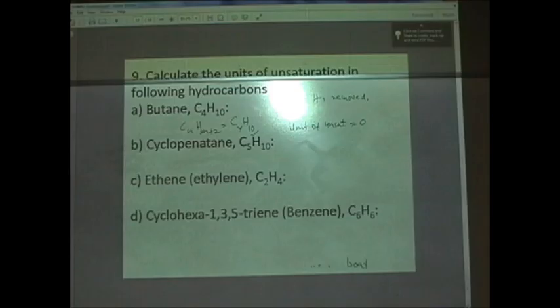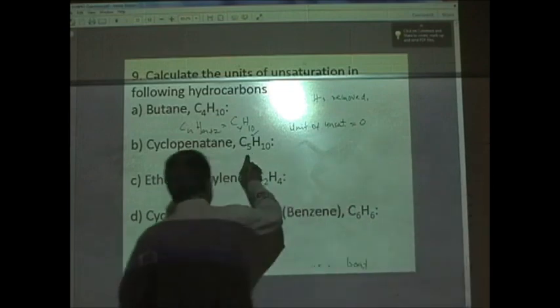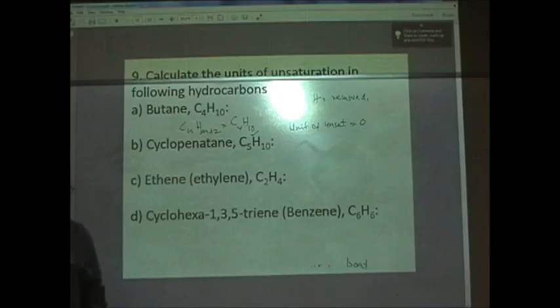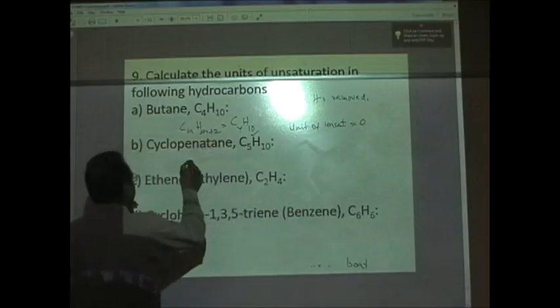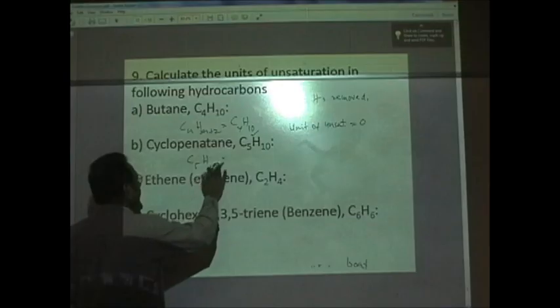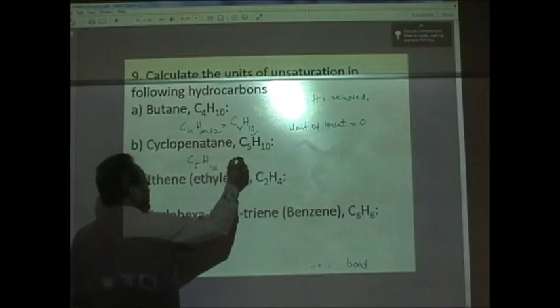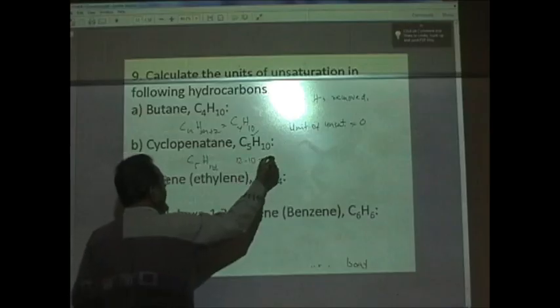Then it becomes cyclopentane. Now if you check the formula to find the unsaturation, it's C5, it should be H12, right? Now how many hydrogens are missing? 12 minus 10, 2 hydrogens.